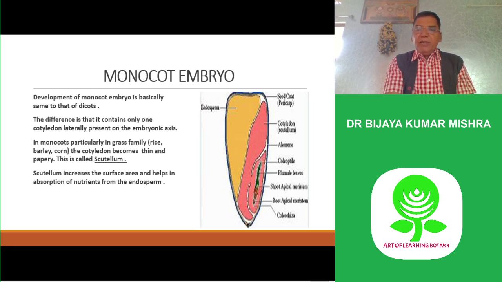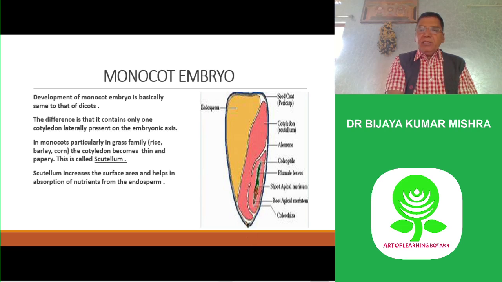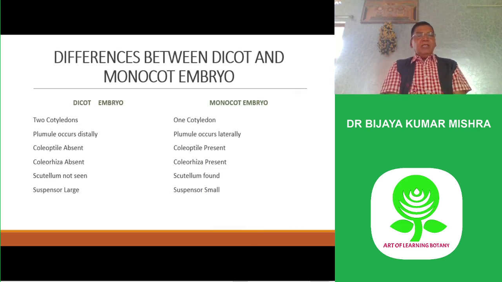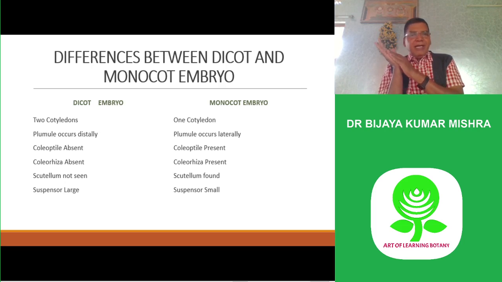Now coming to the difference between the monocot embryo and the dicot embryo. In the next slide we will see the differences. In the monocot embryo there is only one cotyledon; in dicot there are two cotyledons. In dicot the plumule occurs terminally, and in monocot the plumule occurs laterally.